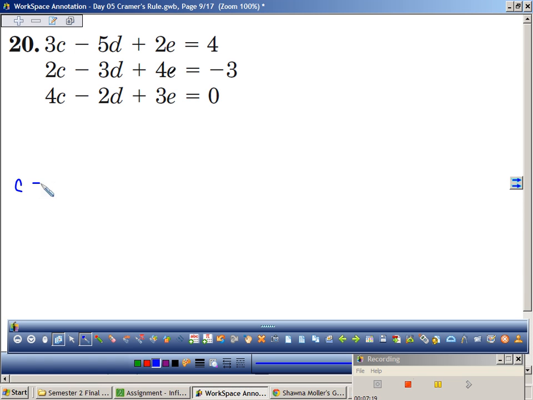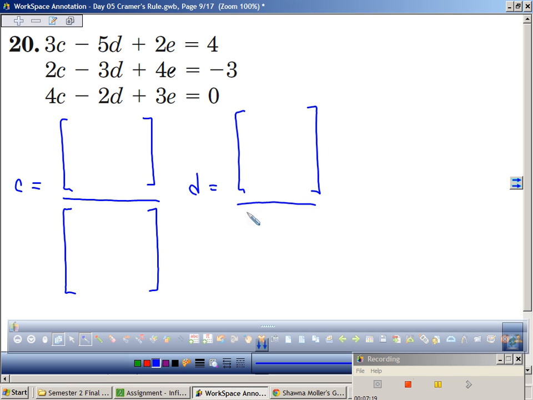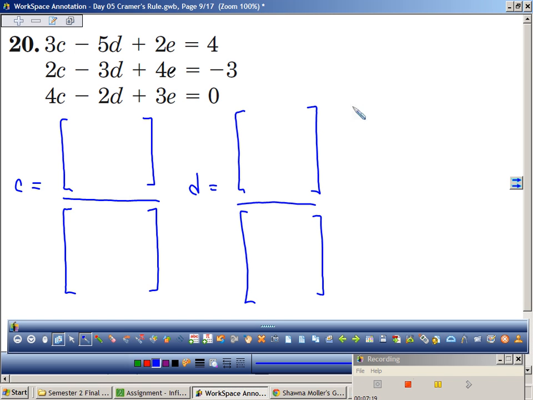So C equals, and D equals, I'm not even going to do the whole problem. You'll see why. Somebody time me and see how long this problem takes me to do.